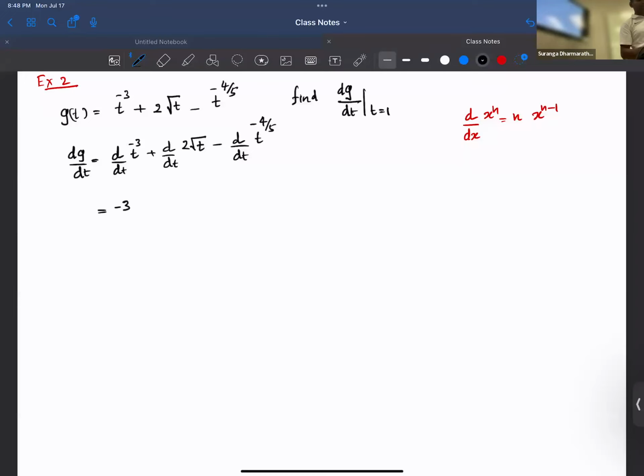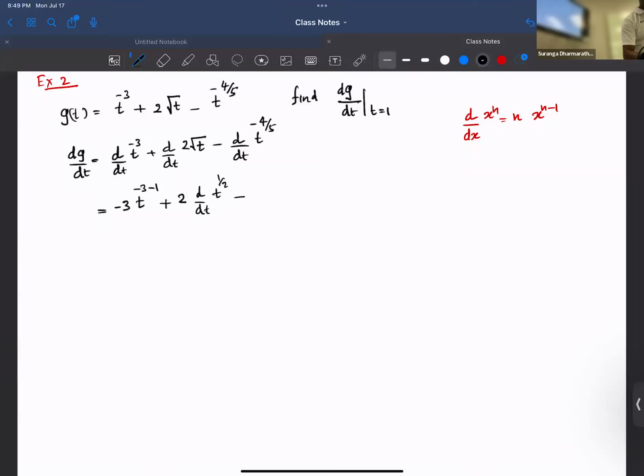For the first term, n is equal to -3, so we get -3 t to the power -3 minus 1, which is -4. Plus 2 times, this is t to the power half, since square root is power half.